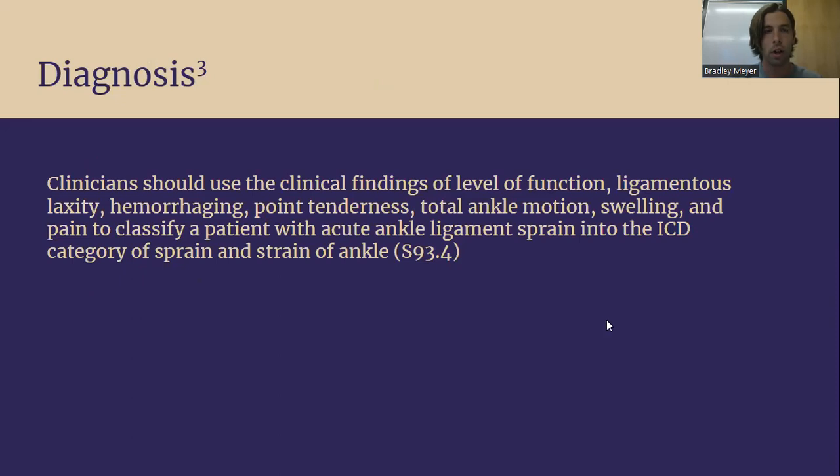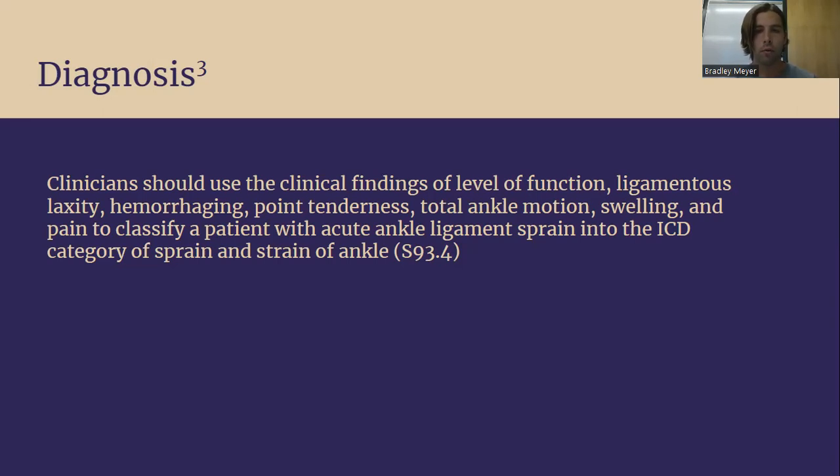Next up is the process of diagnosing a lateral ankle strain or sprain. This recommendation says clinicians should use clinical findings of level of function, ligamentous laxity, hemorrhaging, point tenderness, total ankle motion, swelling, and pain to classify someone with acute ankle ligament strain or sprain.